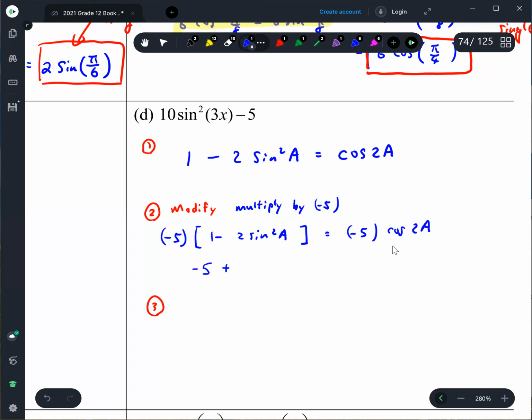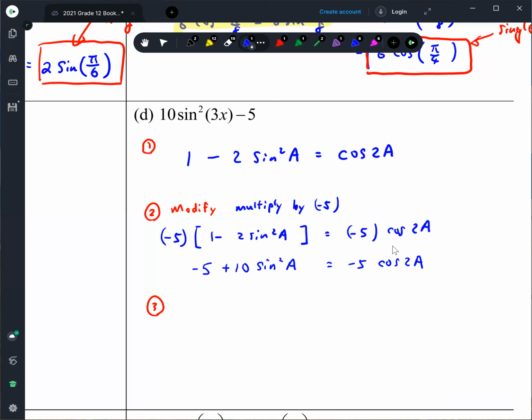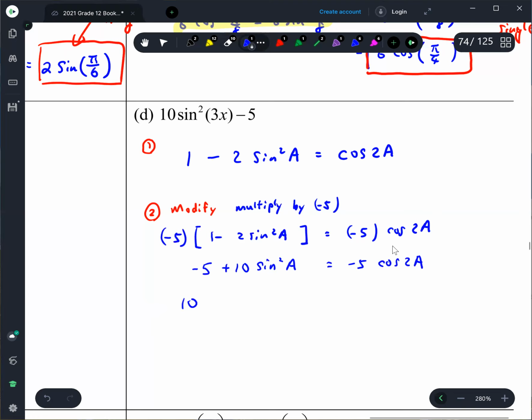Because negative times negative, 10 sine square A. Okay, right side is -5 cosine 2A. So now because there's a positive 10, right, in the middle, so I can swap the order, make it into 10 sine square A minus 5.